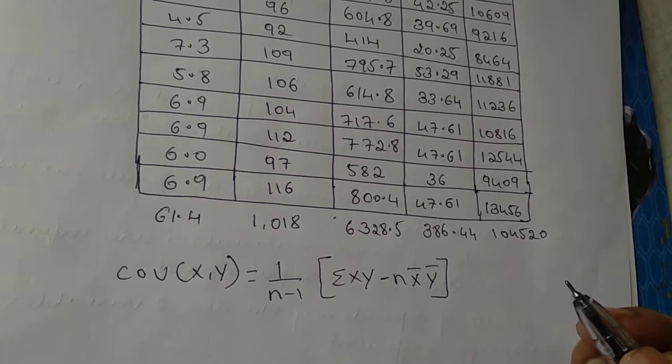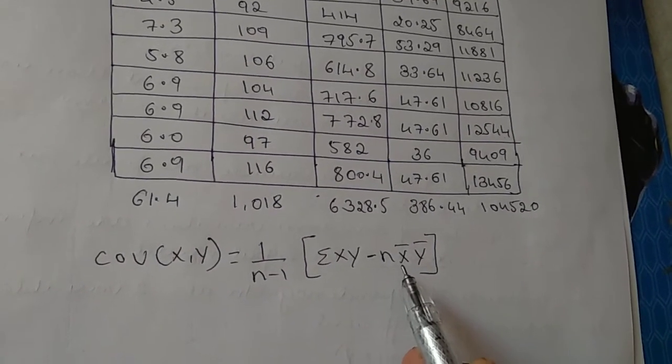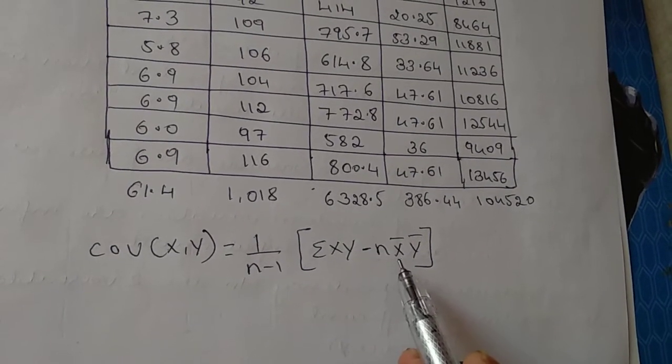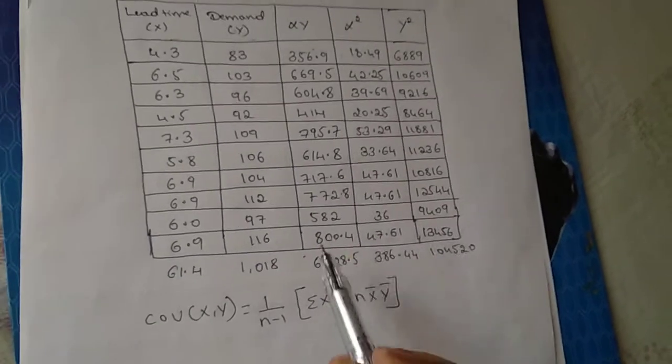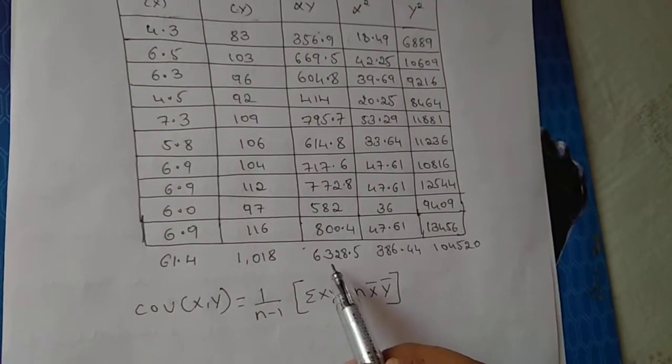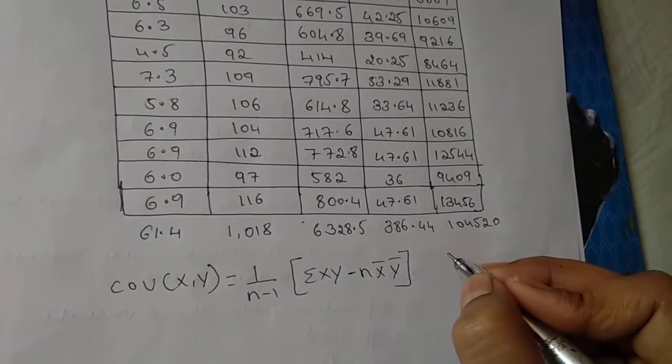Okay, to find out x bar and y bar, we don't know the values of x bar and y bar, is it not? We know the value of summation xy because here xy is there, summation xy is 6,328.5. But what about x bar and y bar?